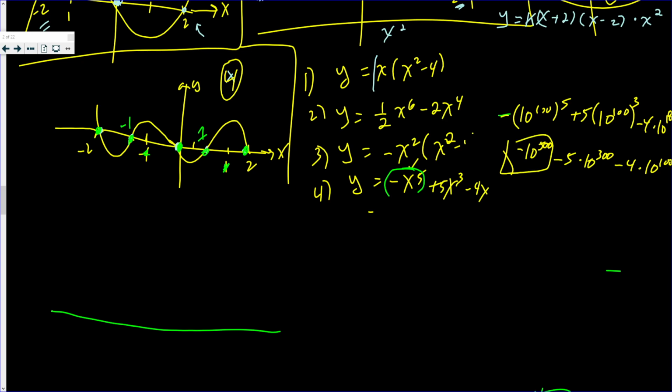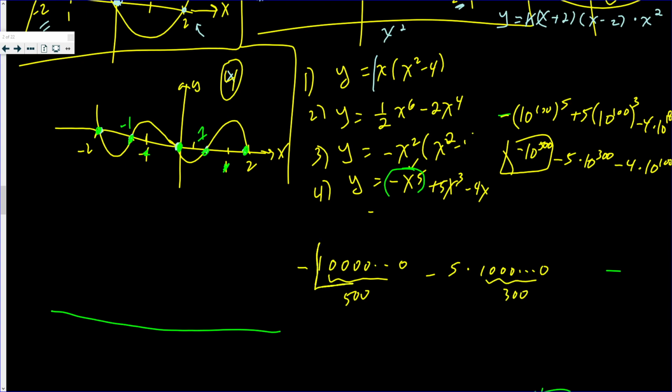That number, I don't really care so much that it's negative, but it's negative 1 followed by 500 zeros. There are 500 zeros there. And here we have 5 times 1 followed by 300 zeros.